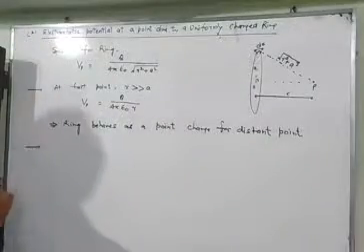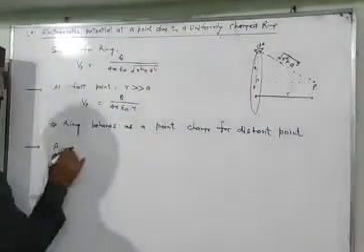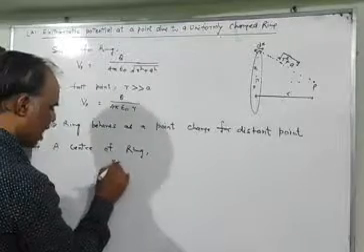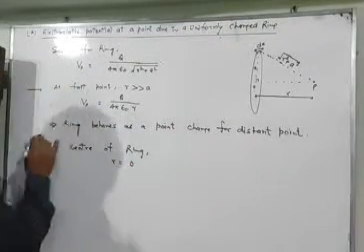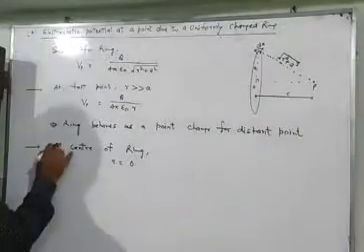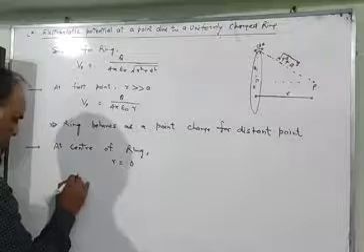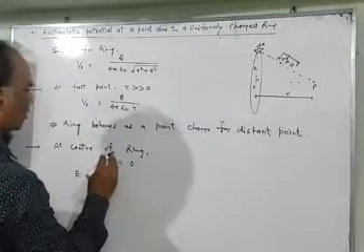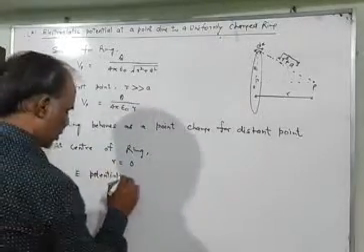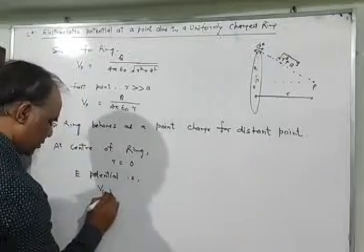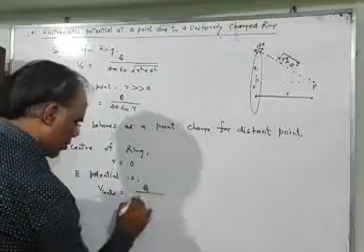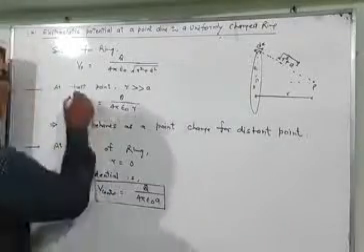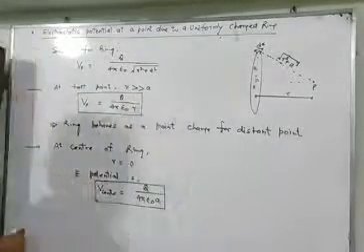Now one more thing, at center of ring, r becomes 0, therefore electric potential is V center, and it will be equal to Q upon 4 pi epsilon naught A, where A is the radius of the ring.